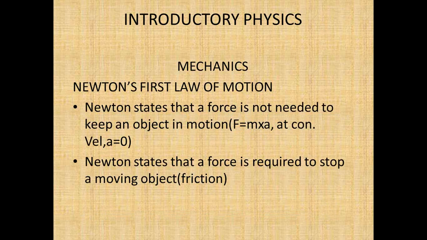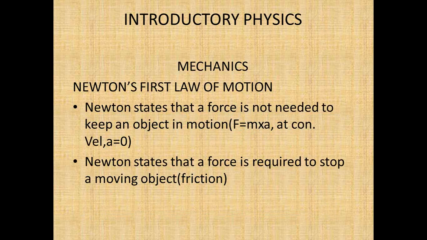If you have something moving at a constant velocity, it's not accelerating at all. There is no acceleration. So force, which is equal to mass times acceleration, is equal to mass times zero. So no unbalanced force is acting on that object.